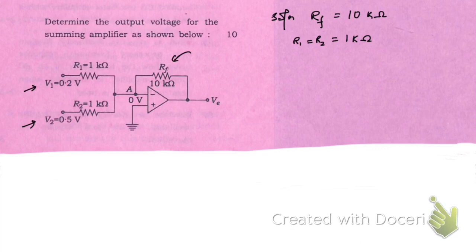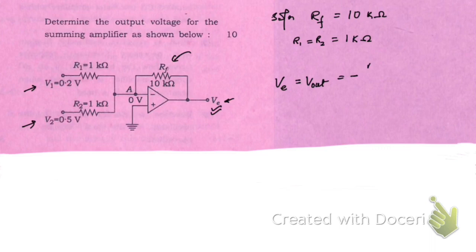So the formula to give you the output voltage is like this: V out, or you can see in the diagram it is written VE. So in some books you're going to have this V out. Same thing.